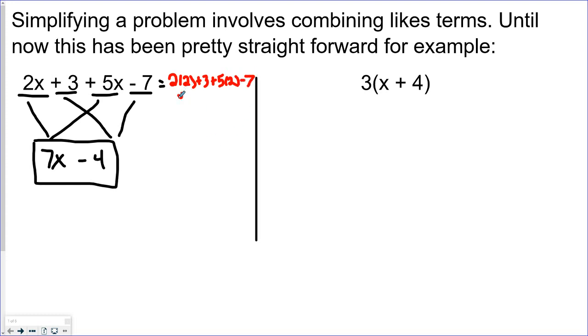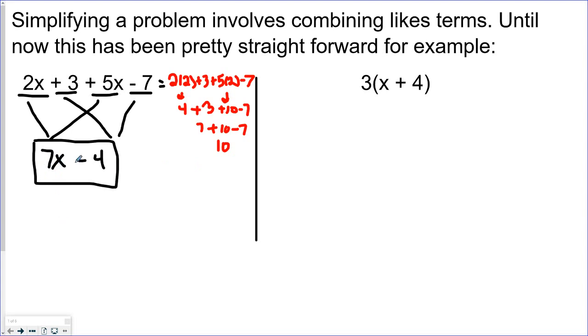Well, 2 times 2, that's 4, plus 3. 5 times 2, that's 10, minus 7. 4 plus 3 is 7, plus 10, minus 7. 7 plus 10 minus 7 is just going to be a nice even 10. So if I plug in 2 for x up here, I get 10.